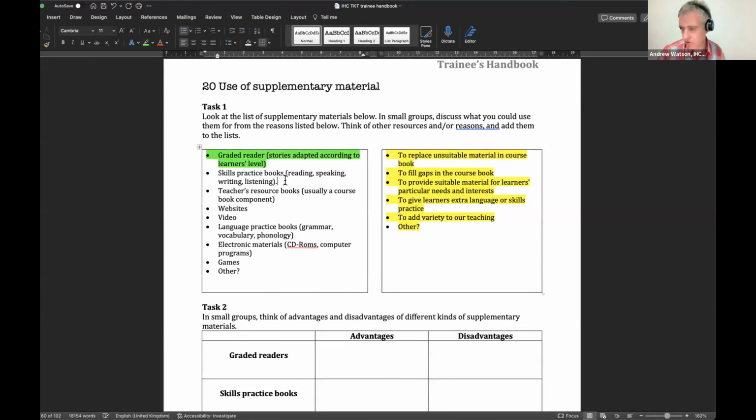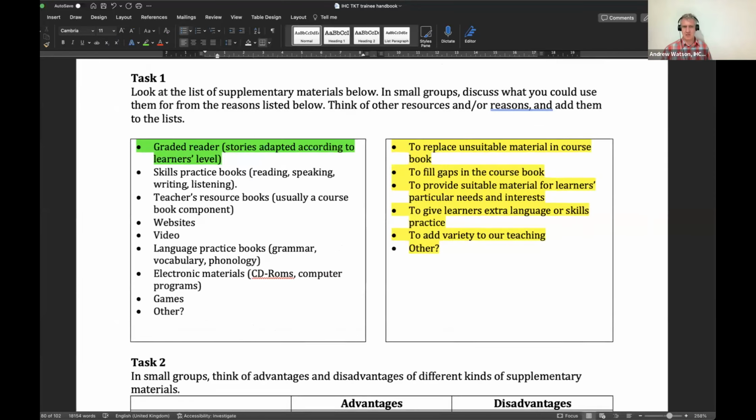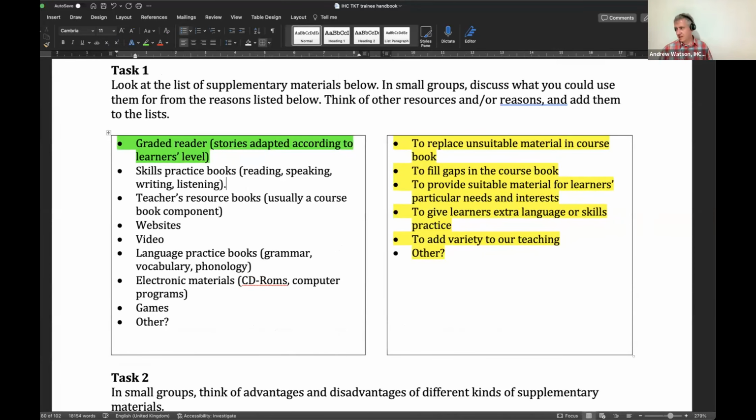First, can anyone remember what a graded reader is? It's a type of reading book, yeah. Is it like a proper novel?